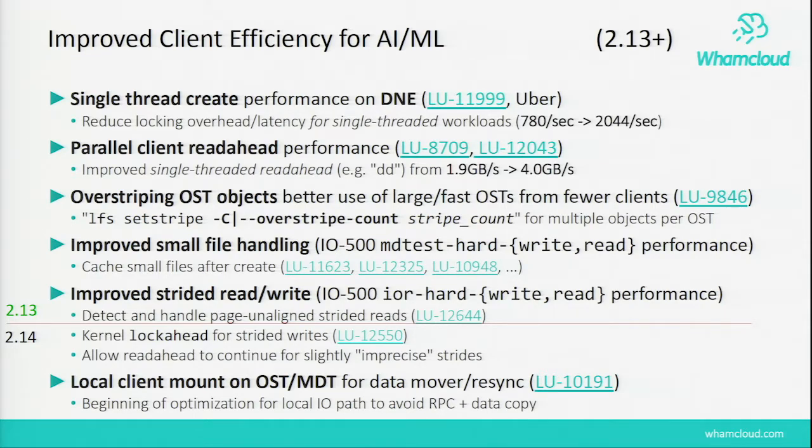And there's been a number of improvements for single client performance. Back in the old days of Lustre development, the bottleneck was almost entirely on the servers. And each individual client only had 1 or 2 cores and a relatively slow network. And so single client performance was never really a development goal. With newer systems, a single client may have 96 or 128 cores.